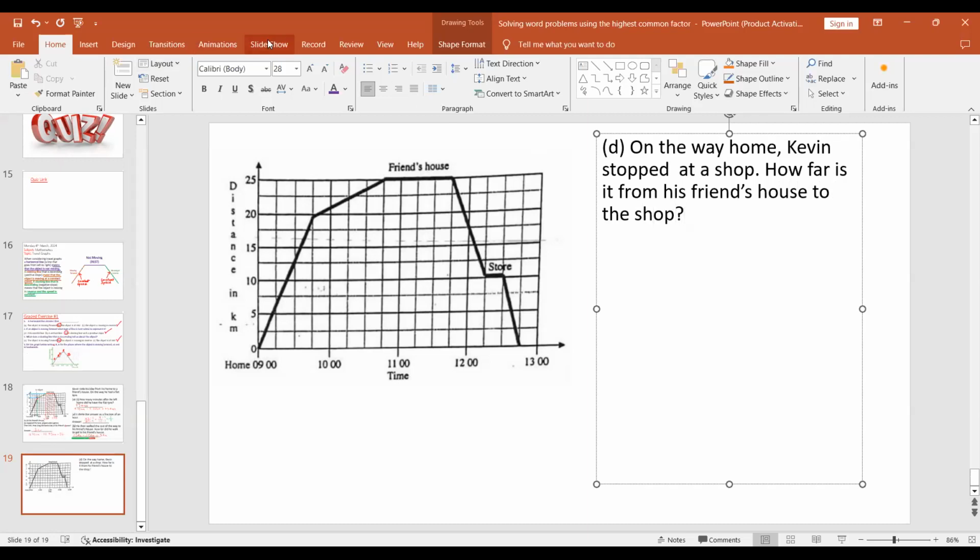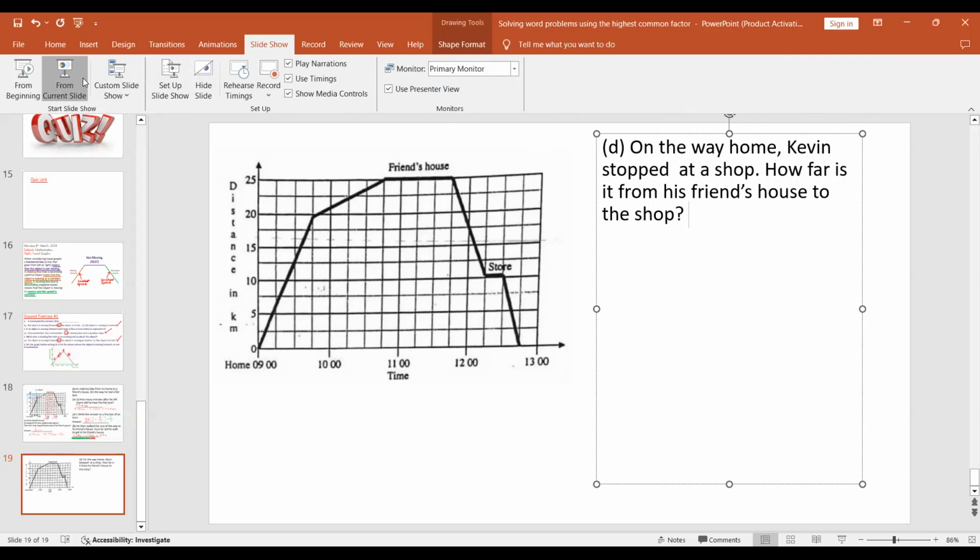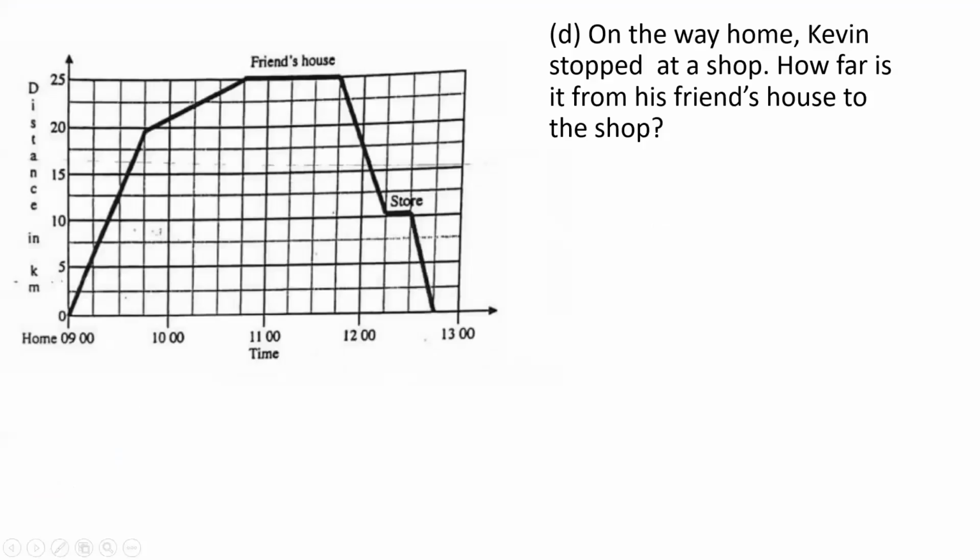Okay, so let's go back to the question. It says on his way home, so he's going back home. How do we know he's going back home in this instance? Because the line is descending, it's in reverse, right?